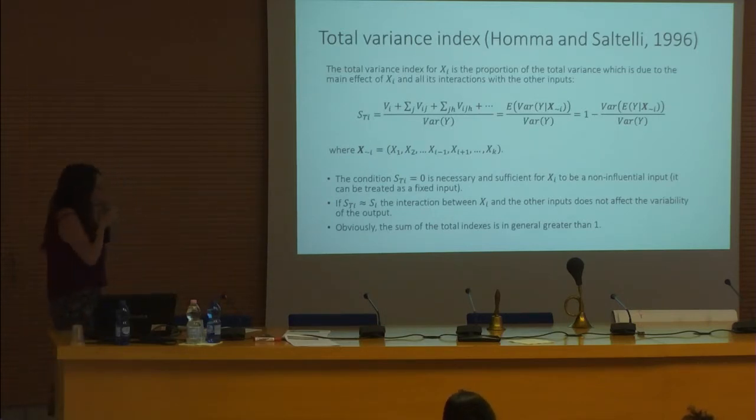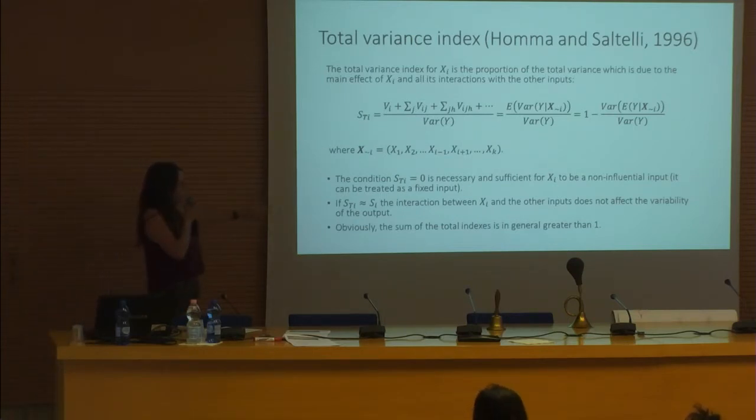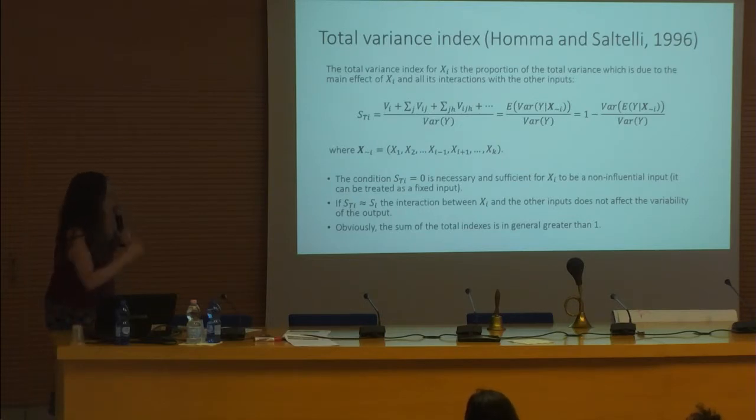If the total variance index is equal to the first order index, this means that the interaction between the input and the other inputs is not relevant. Obviously, the sum of all the total variance indexes can be larger than 1.